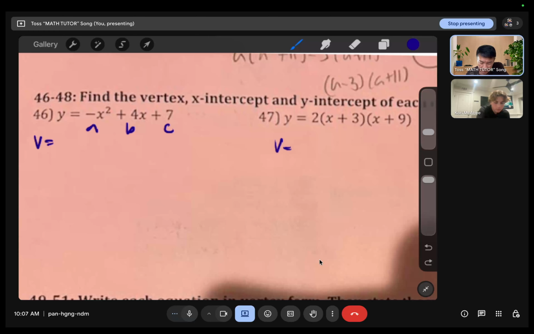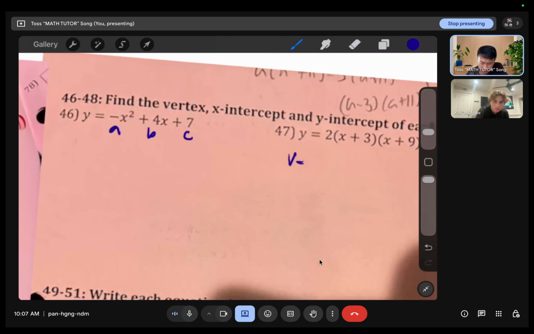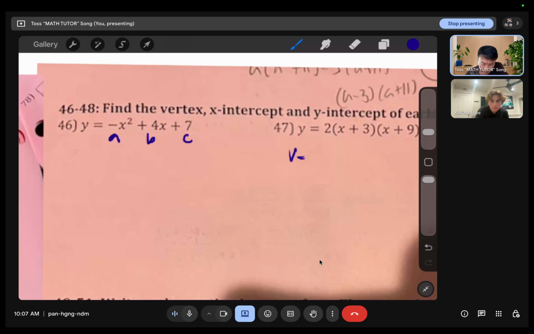If you don't remember, you can still always do it. Well, okay, how? If you have a trinomial like this with A, B, and C, then you would do the vertex this way. The vertex will relate to the X coordinate. So here, let me write vertex here. To do the vertex with A, B, and C, you do the X coordinate being negative B over 2A.